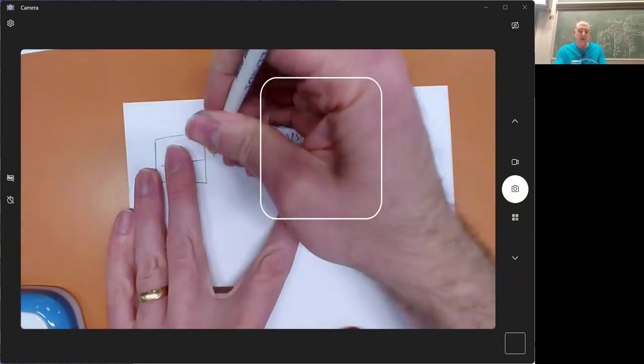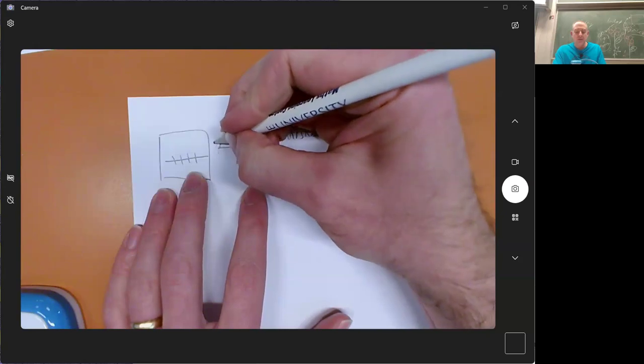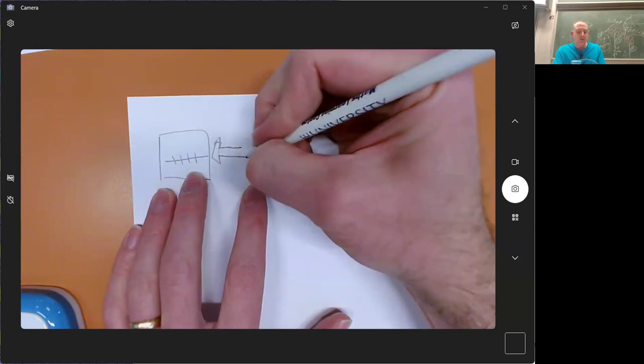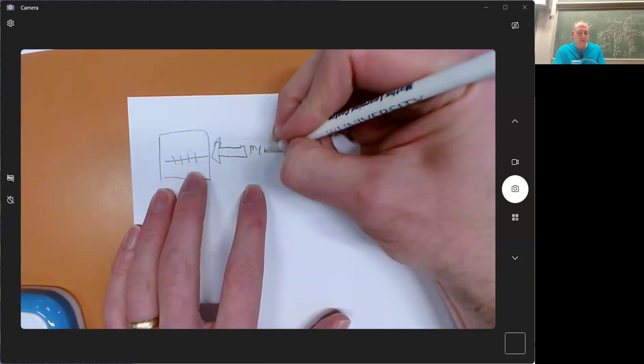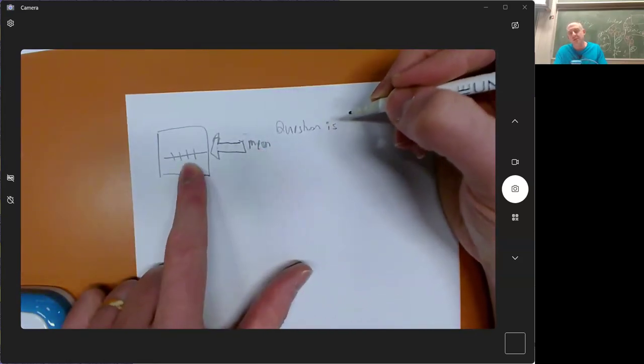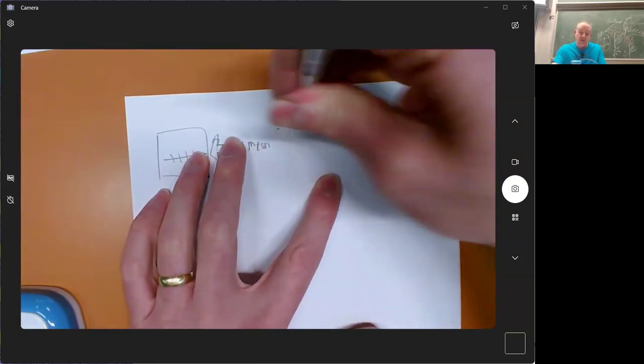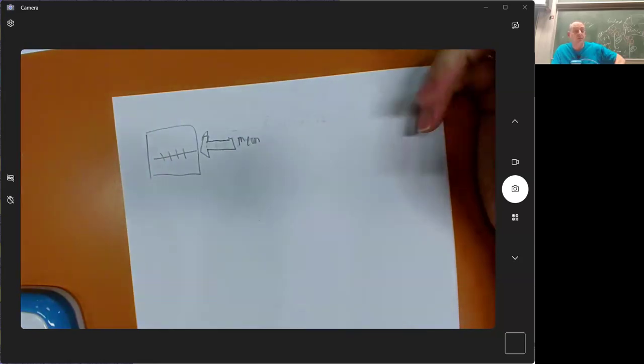Actually, I've got an even better way of drawing it. Do you know what a mean is? A mean is a single number that does a good job of predicting the individual things. So is this mean a good way of predicting where the center of this data is? So that's the question.